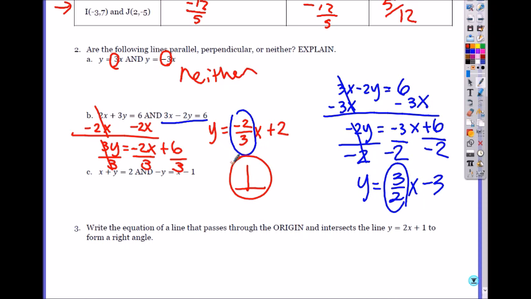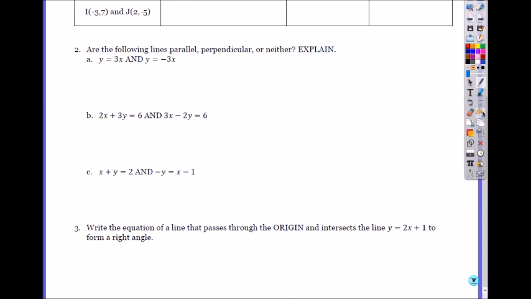What about C? So again, solve for y, so move x. So I get y equals negative x plus 2. So what is the slope? Negative 1. If you don't see a number, it's 1, but it's negative, so it's negative 1.